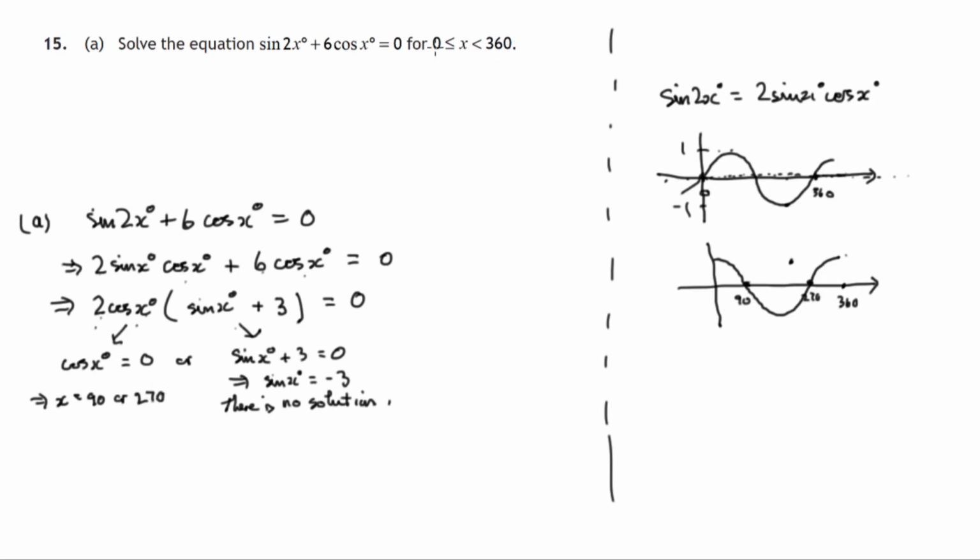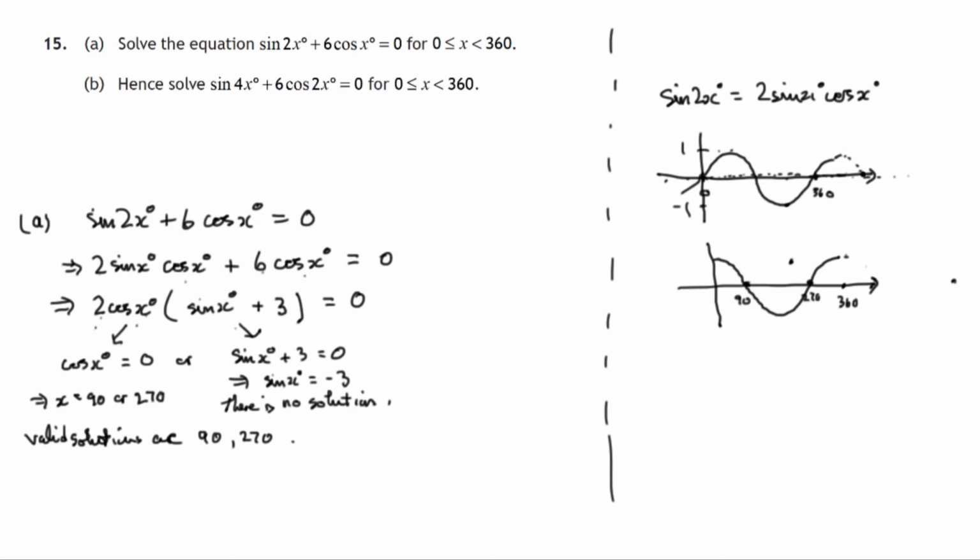This is the range of values of x from 0 to 360. So 90, 270. We can't go outside. We can't get the 450, which is down here, or the one away along here. They're out with the range of values that were asked for. So the valid solutions are 90, 270. So that's part A.